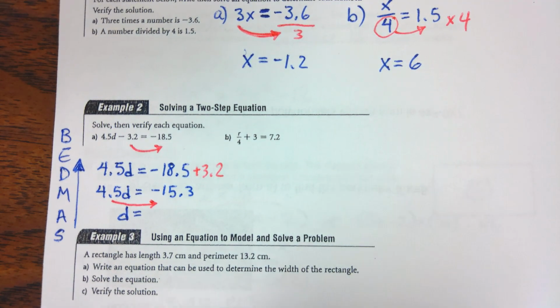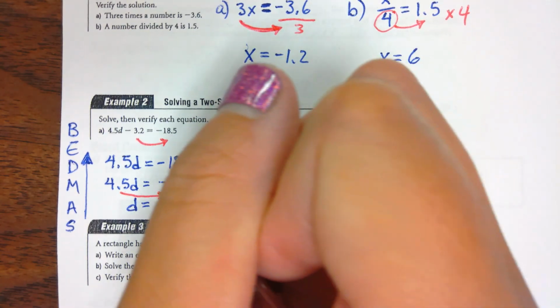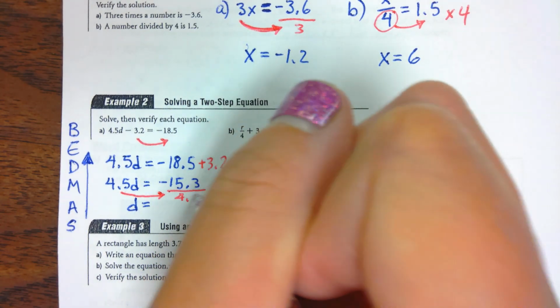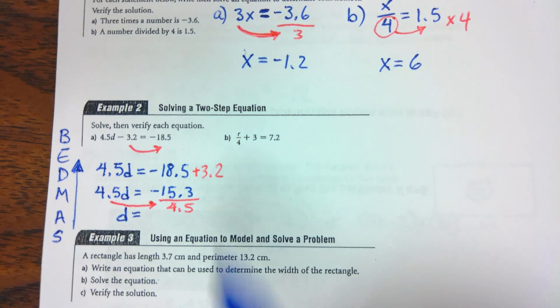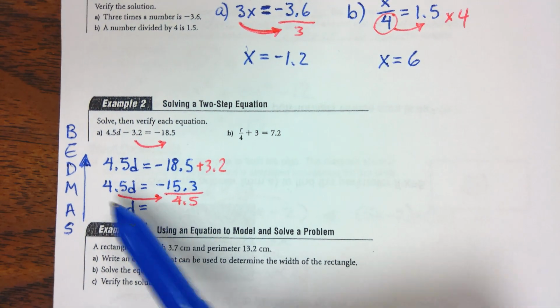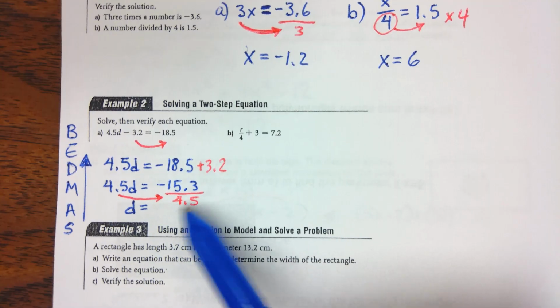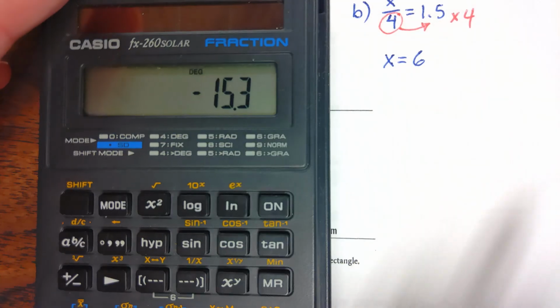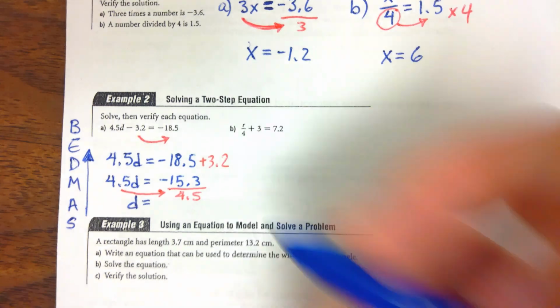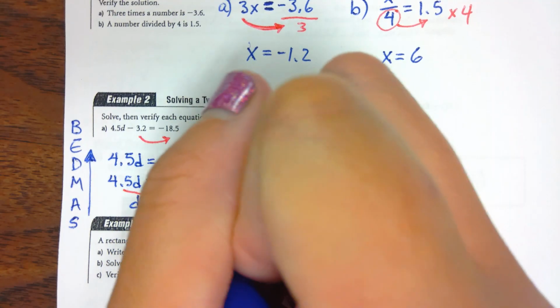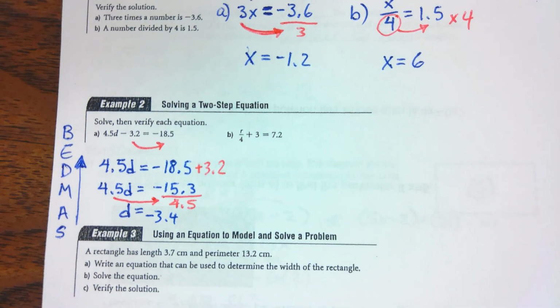Divide it. Yeah, divide it by 4.5. And this is a common mistake that people make as well. They get confused. Whatever you're moving as the dividing, that goes on the bottom. So it's this, and then divided by 4.5. Okay, and you get your answer, negative 3.4. That's your final answer.